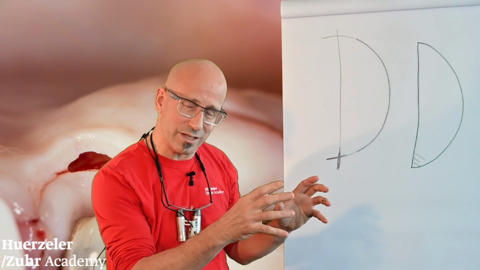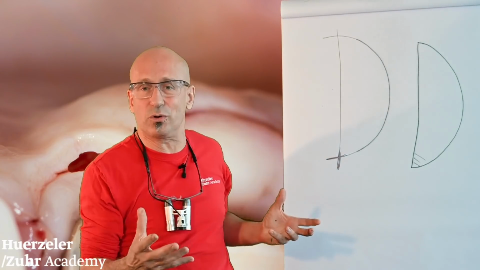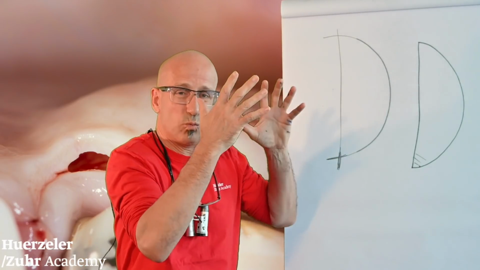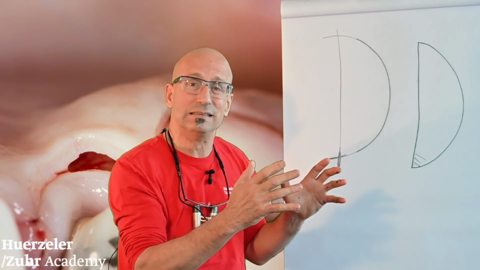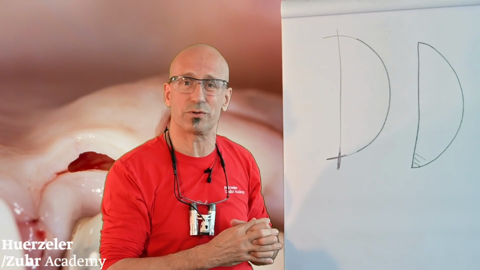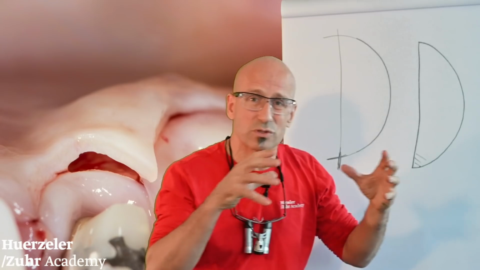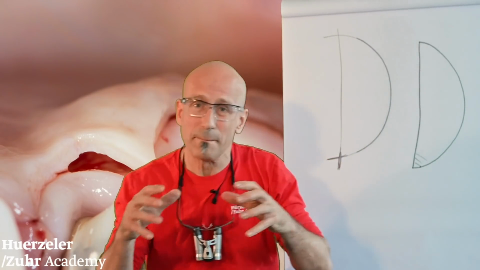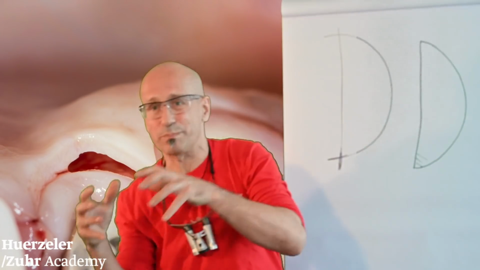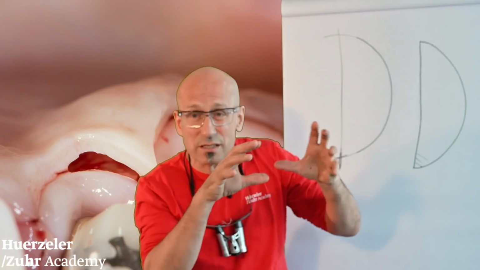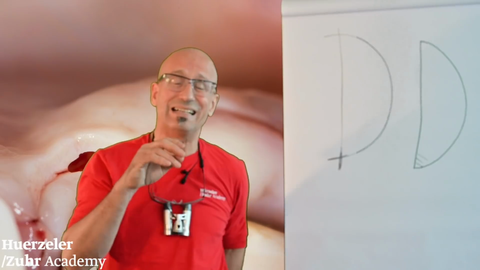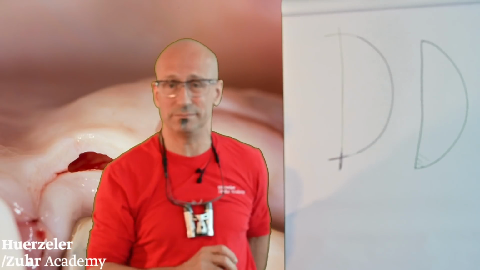In a moment like this, like the endo guy, we can concentrate on one position of the microscope, then it does make sense to use a microscope. The moment you have to move to the palatal side, to the buccal side, to the palatal side, to the buccal side, and always adjust the microscope to this different position, it takes too much time.